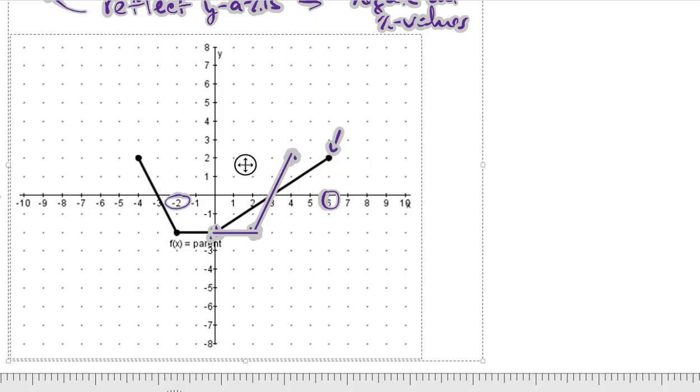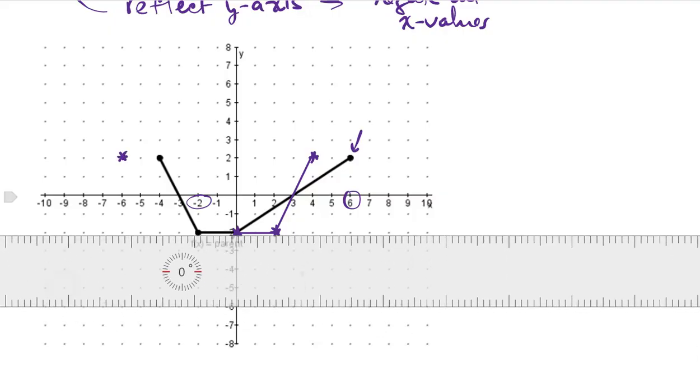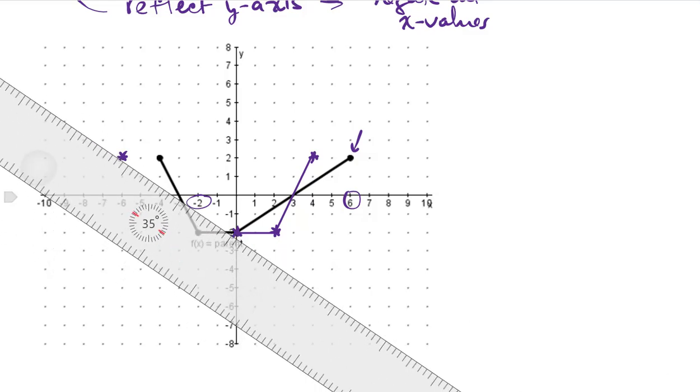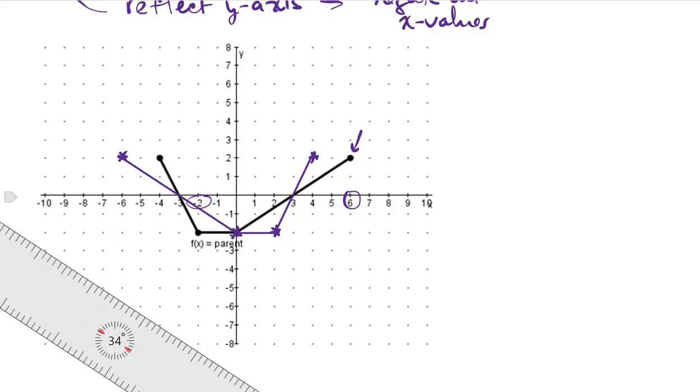We're going to negate that, which now gives us -6 followed by 2. And again, point 3 is connected to point number 4. And there it is, the graph of the equation y, which is f of -x.